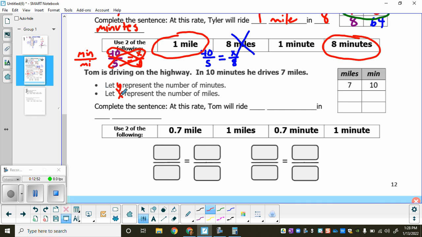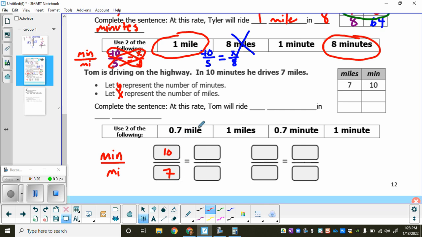That's fine. But you can see again, just based on that in 10 minutes, that 7 miles were driven. And we've got these blanks. And so basically what we need to do is, again, we need to say, okay, so if we're going to be looking at minutes and miles, 10 minutes, he drove 7 miles.